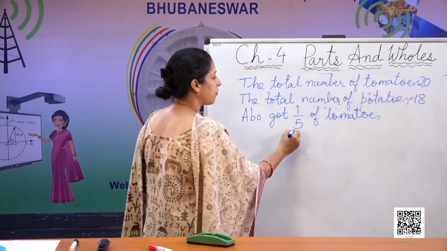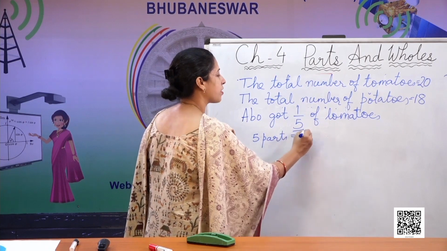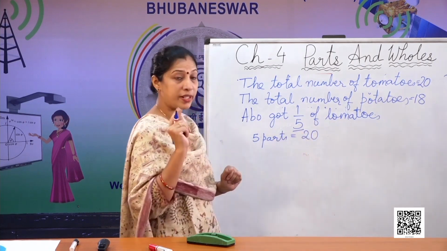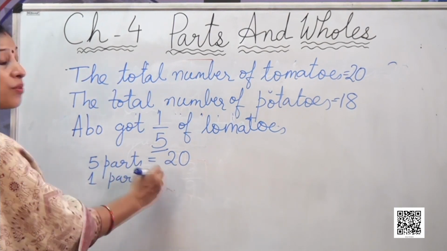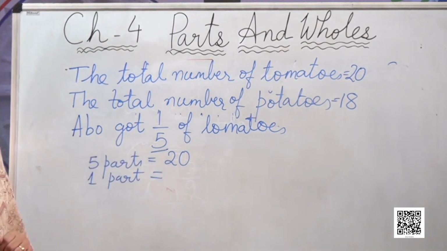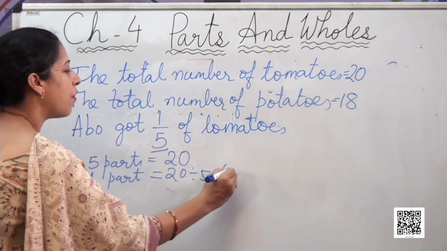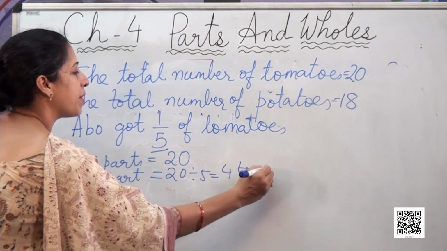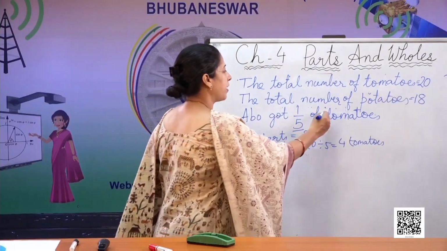So let's find out what are the 5 parts. So 5 parts, that is a whole. So 5 parts is equal to 20 tomatoes. So 1 part will be, as you know, what are we going to do? 20 divided by 5 is equal to 4 tomatoes. 4 tomatoes.